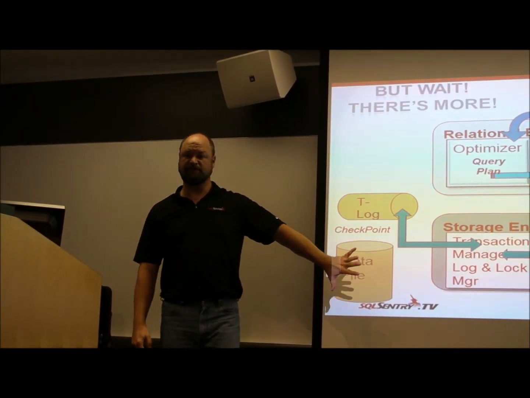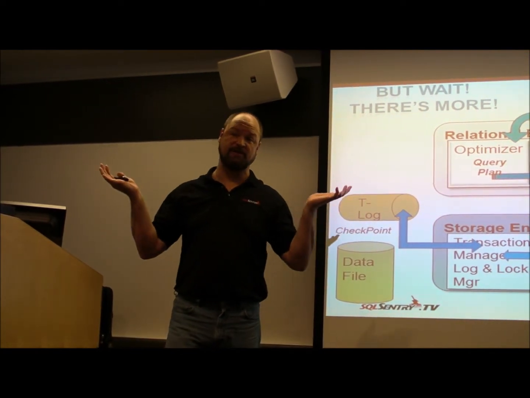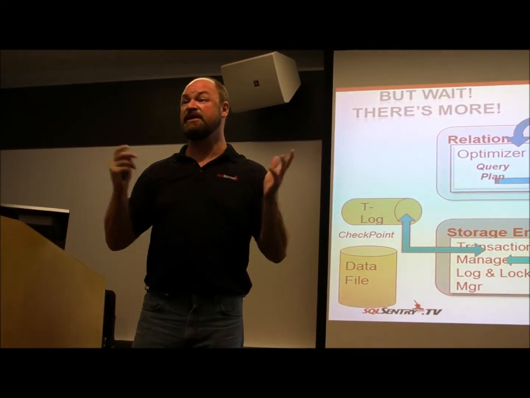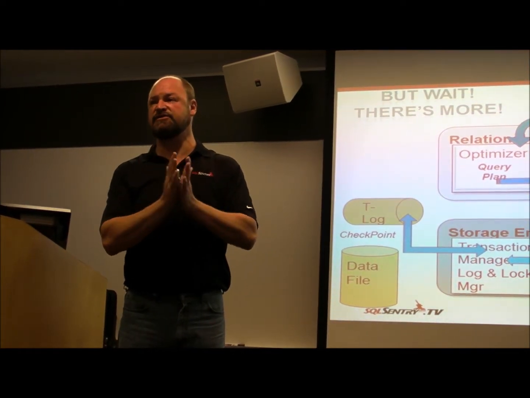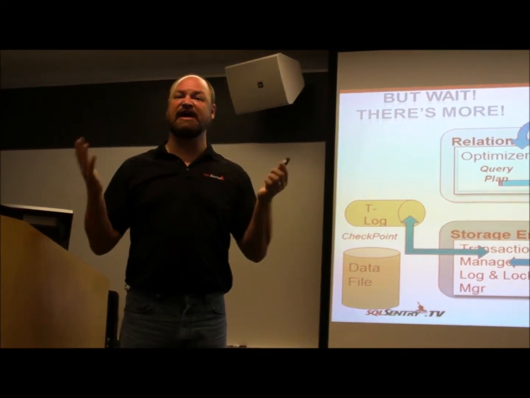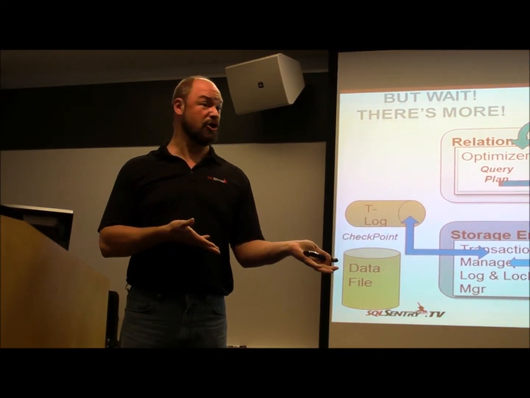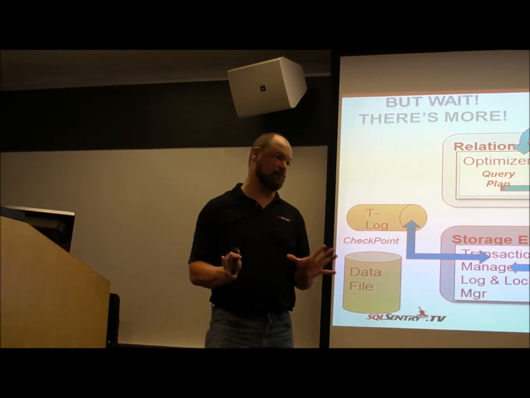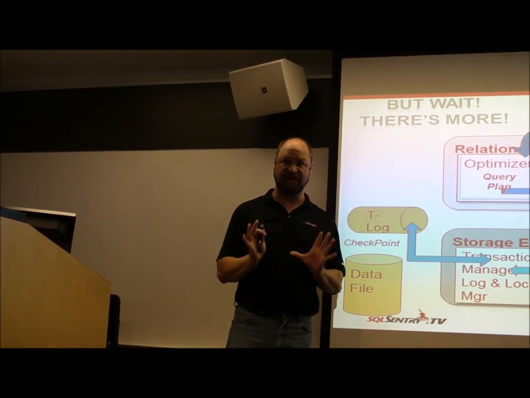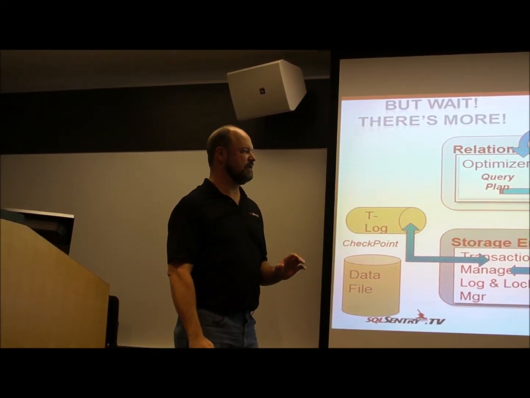I've heard a lot of developers say, hey, this is great because it's faster. I'm not going to put locks on certain kinds of things, and it makes my transactions go much faster, which is kind of true. It can make your transactions go faster, but is faster and wrong better? I encourage people not to use that unless they know exactly what they're doing, and you know exactly what the impact of that is.